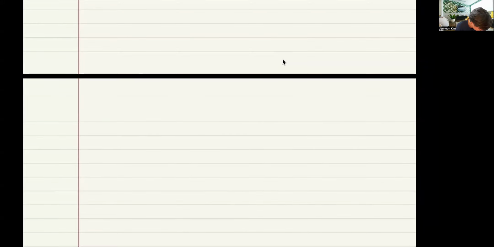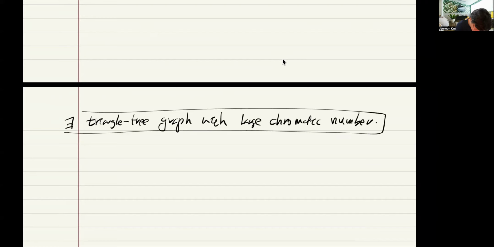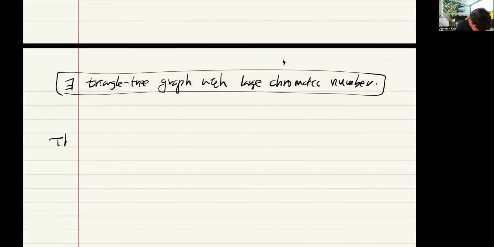So using this, let's prove the following. Before, we have shown that there exists a triangle-free graph with arbitrarily large chromatic number. And when we were proving that, I mentioned that later we will prove the same thing with the probabilistic method.